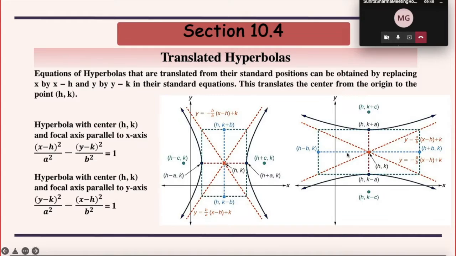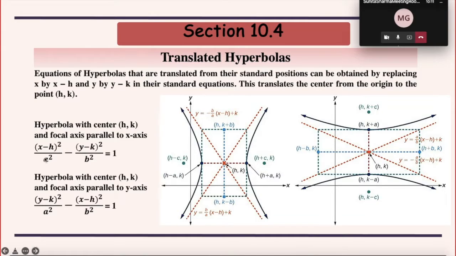So you will have either of these two situations where your axis is either vertical or horizontal, but your center has shifted to (h, k) instead of the origin. So this is the difference between your standard hyperbolas and the translated hyperbolas.